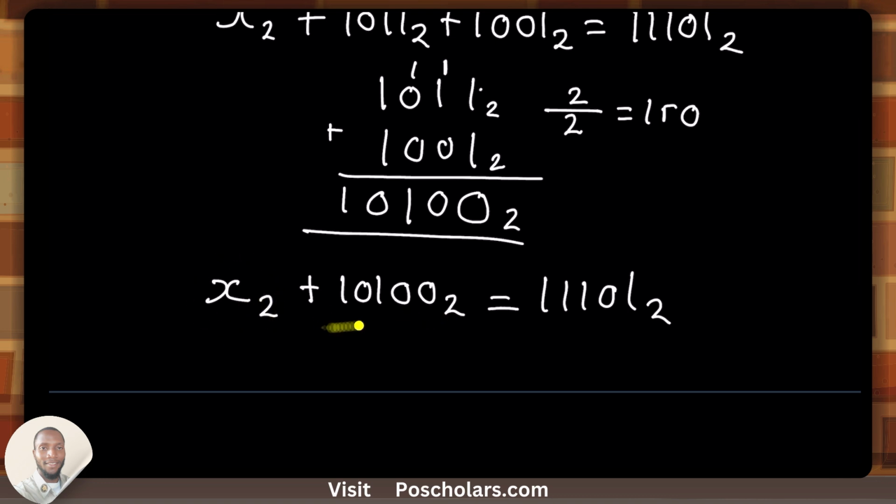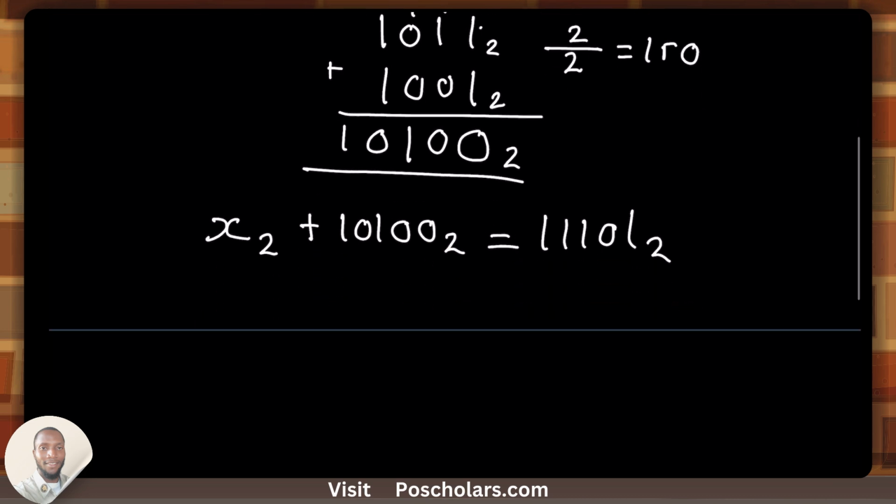Now this particular term is disturbing us, so what we can do is subtract. There's a plus sign here, so to get rid of this particular term, you have to subtract it. So we are going to subtract 10100 base 2 from the left hand side and the right hand side. When we do that, you will see that this particular term will get eliminated, because plus 2 minus 2 is 0, plus 1 minus 1 is what? 0.